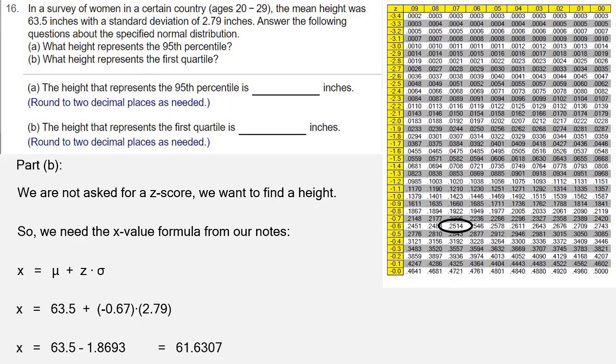We do our subtraction, and we find that this is equal to 61.6307, to give us a height of 61.63 inches. That represents the 25th percentile, which is the first quartile. So that's your answer to part B, and those are your answers.